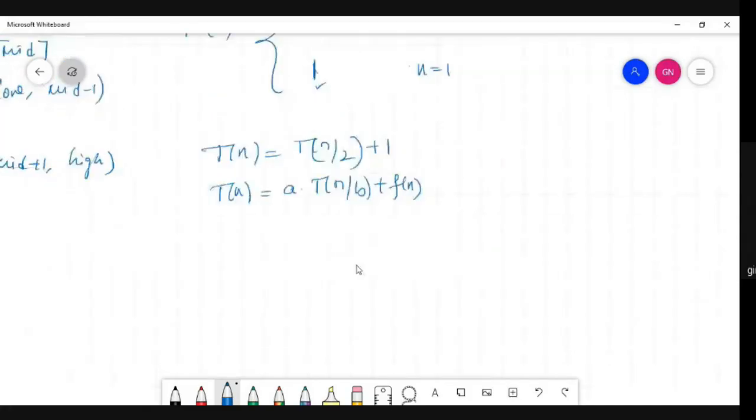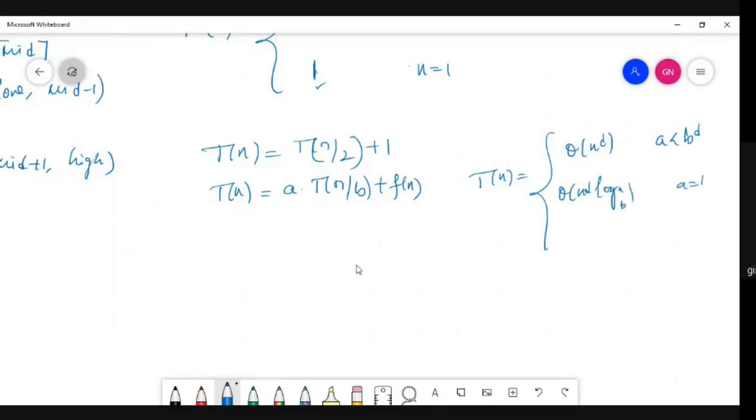When you equate this with the relations of the master's theorem, it is theta of n power d when a is less than b power d, theta of n power d into log n to the base b when a equals b power d, and theta of n to the power of log a to the base b when a is greater than b power d.